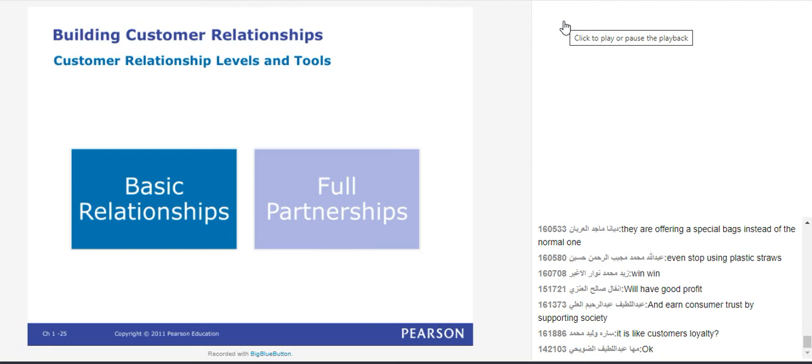They are few but high margins. So this is the difference between basic relationship and full partnership. Businesses must consider what type of relationship they will create with customers when they are trying to build the customer relationship.